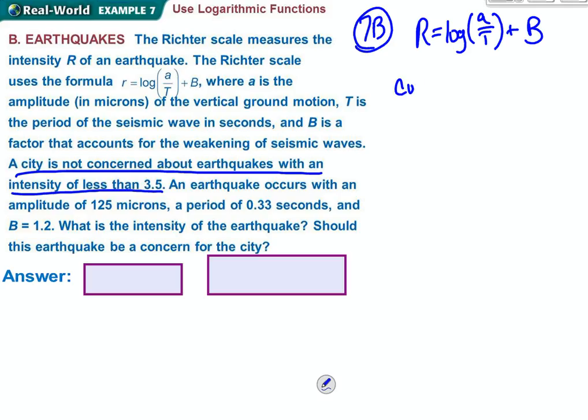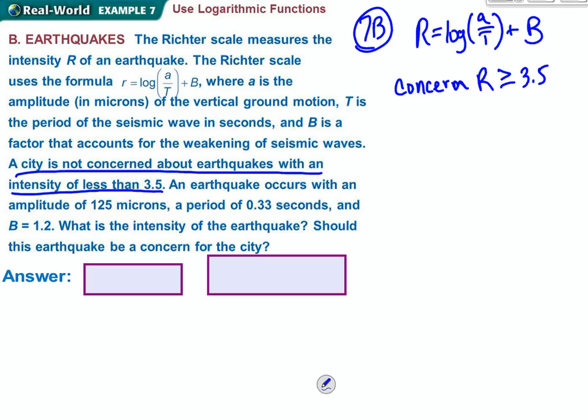So there's a concern if the R value is greater than or equal to 3.5. If it's less than 3.5, we're not concerned. If it's greater than or equal to 3.5, we would be concerned. So our job here is to find the intensity of this earthquake and to decide if we should be concerned or not.